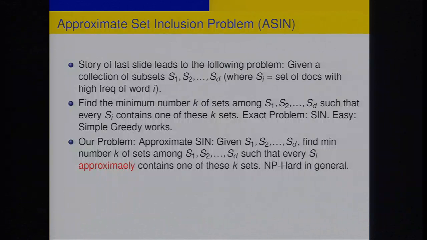It's not difficult to show it's NP-hard in general. The exact version is, of course, solvable. I think the reduction is from vertex cover. It's a simple reduction. The NP-hardness result that we have is a very simple one, but it allows a lot of error in the approximate part.